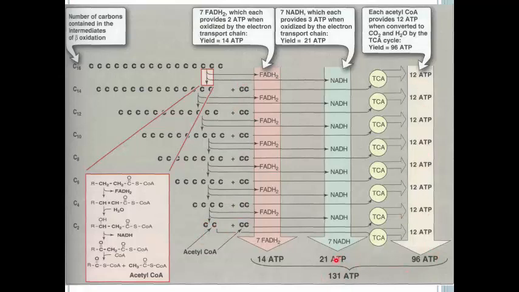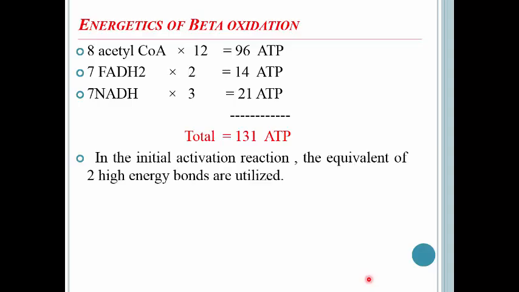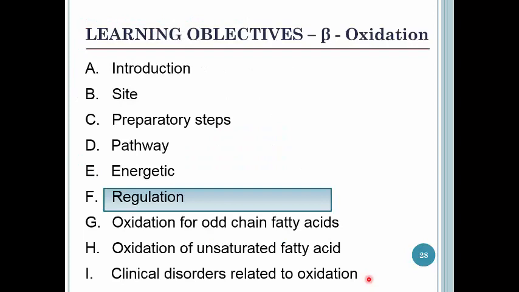So a total of 131 ATPs are produced when palmitic acid is oxidized. And we have seen that in the activation of palmitic acid, 2 high energy bonds are utilized. So the net energy yield will be 129 ATPs. That means complete oxidation of palmitic acid will produce 129 ATPs.